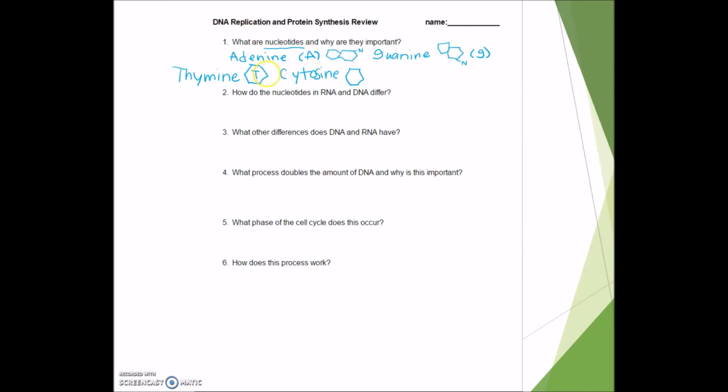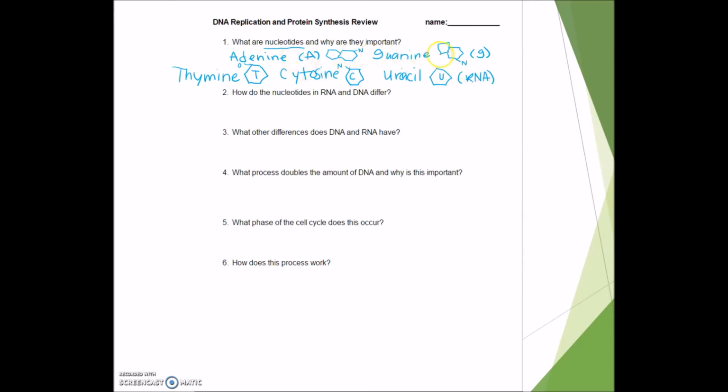Okay, so thymine has an oxygen that comes off up here, where cytosine has a nitrogen that comes off up here. And then we have one more, uracil, that is also just a single carbon ring, and we only find this one in our RNA.